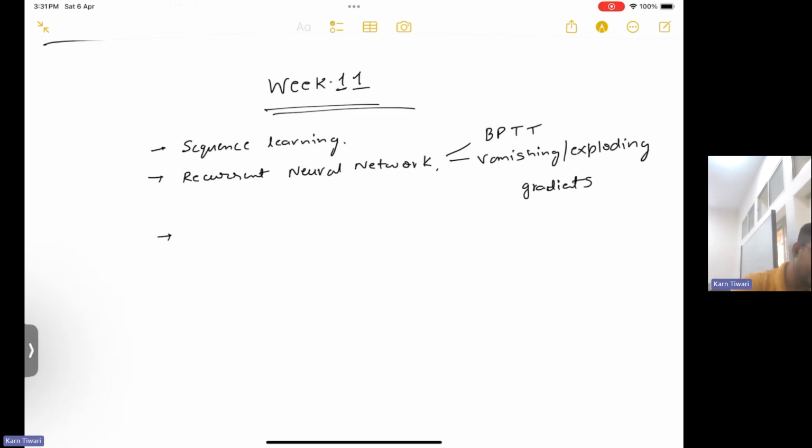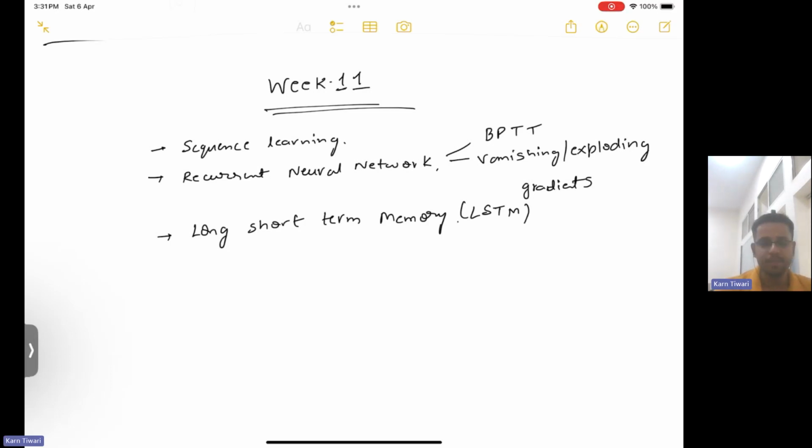Then we'll be talking about LSTM, long short term memory. It basically tries to address the problems we face in RNNs. That's the main purpose of introducing LSTM. Then we'll be talking about what the LSTM is made up of, meaning writing, reading, forgetting, and all.